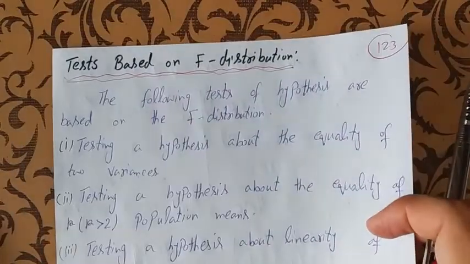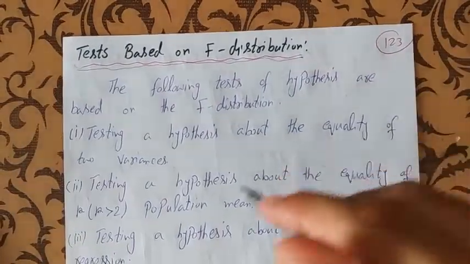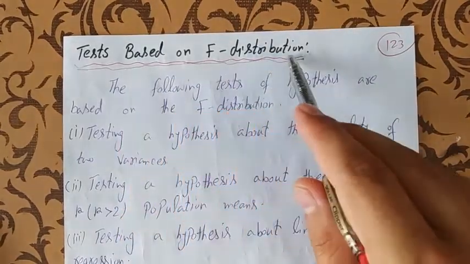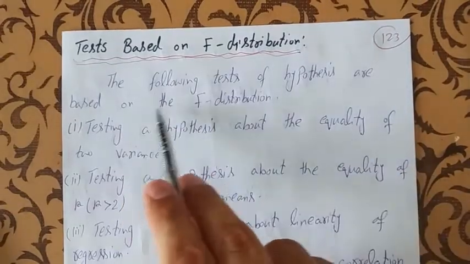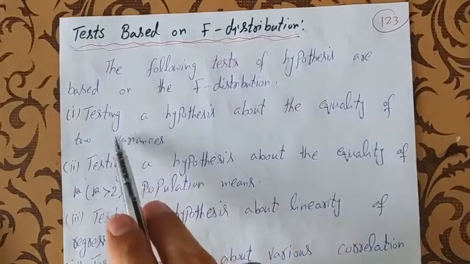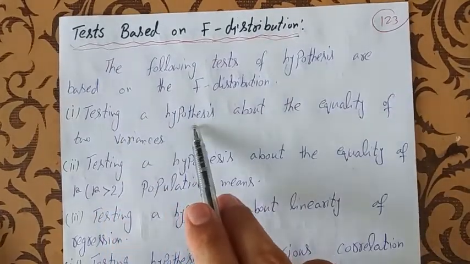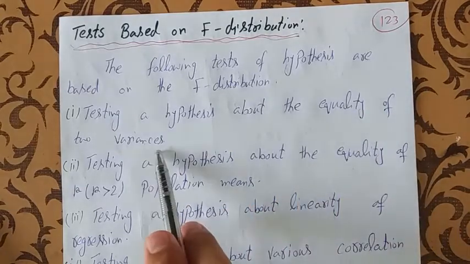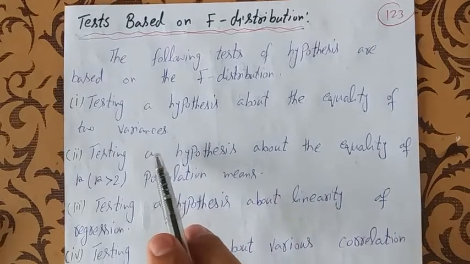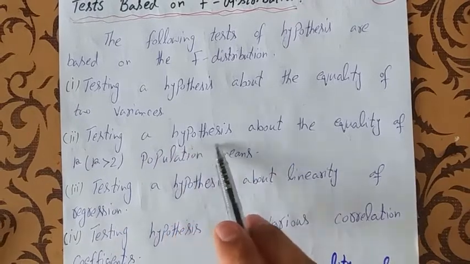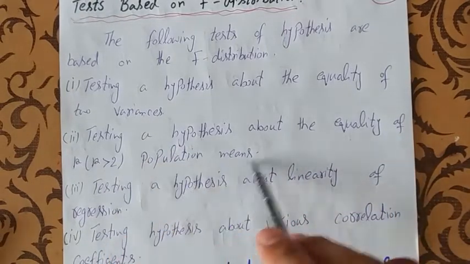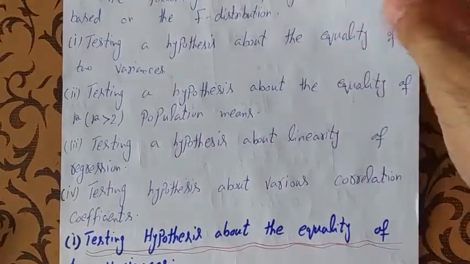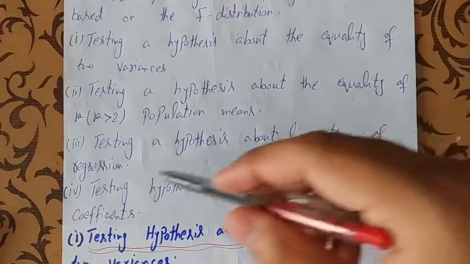Now we are going to the next topic: tests based on the F distribution. The following tests of hypotheses are based on the F distribution. First, testing a hypothesis about the equality of two variances. Second, testing a hypothesis about the equality of k greater than 2 population means. Third, testing a hypothesis about the linearity of the regression.